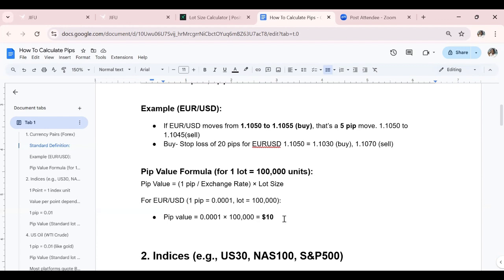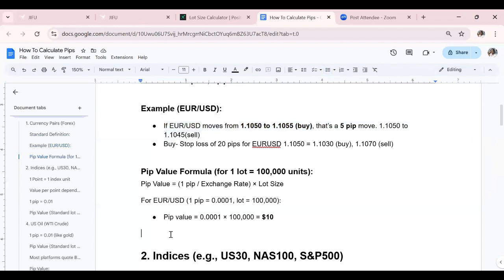So this is $10. So if you're using a standard lot size, let's say you enter this trade, for instance, this Euro USD, and let's say you entered a buy from this, let me copy this.